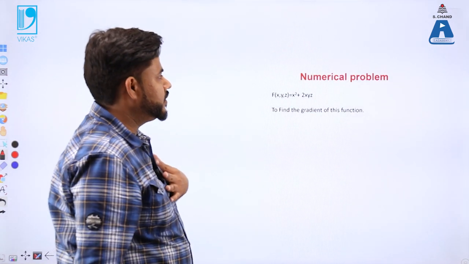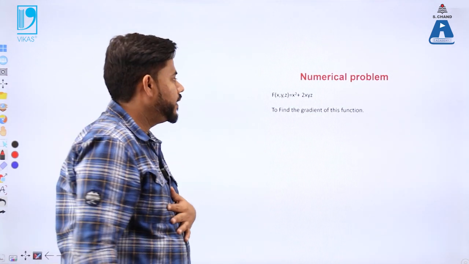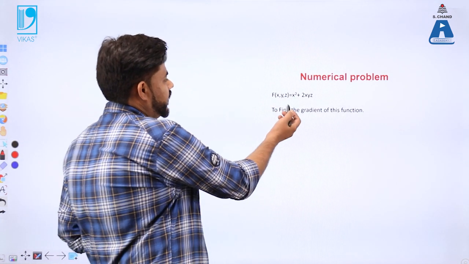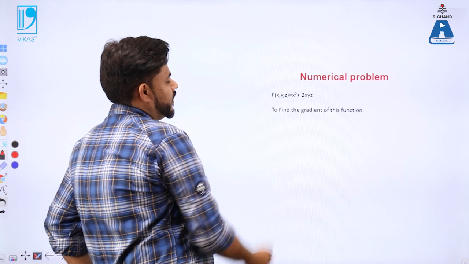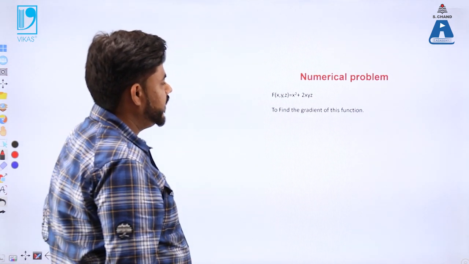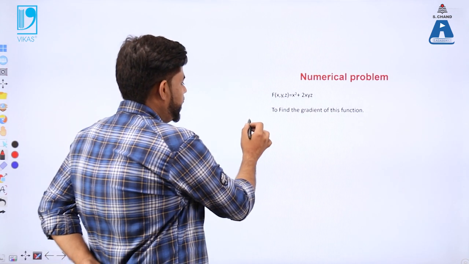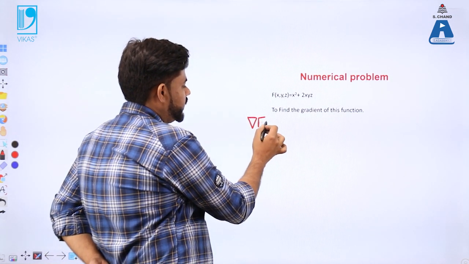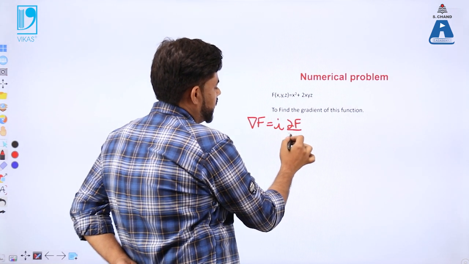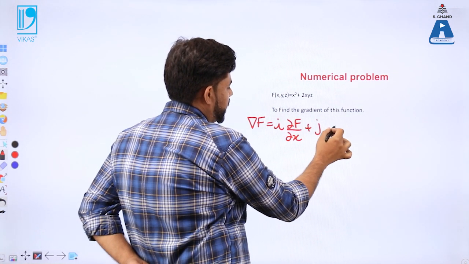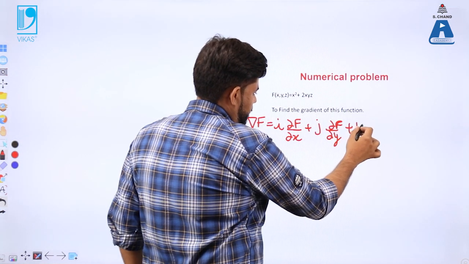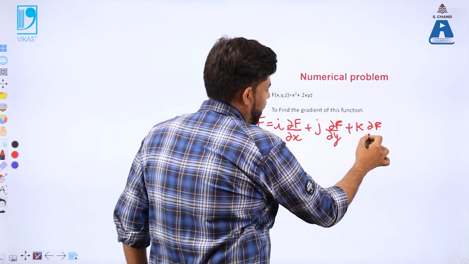Now we look at some more numerical problems based on this gradient only. So we have f as x square plus 2xyz, and we need to find the gradient of this function. Gradient of f is i del f by del x plus j del f by del y plus k del f by del z.